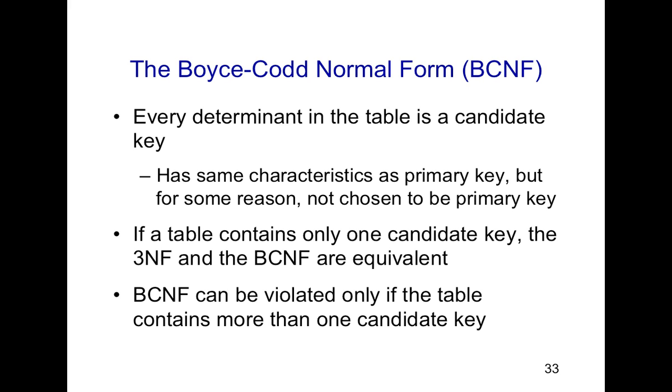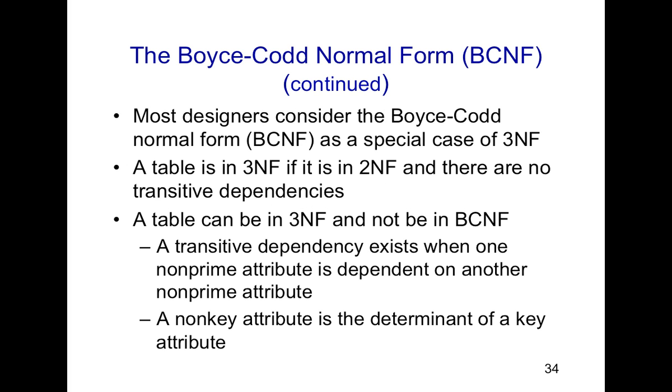It has some characteristics of a primary key but for some reason wasn't chosen as the primary key, or you have multiple candidate keys and didn't choose one, like having a social security number and a student number. If the table contains only one candidate key, BCNF and third normal form are equivalent. BCNF can be violated only if the table contains more than one candidate key, so you pull out the extra candidate keys.